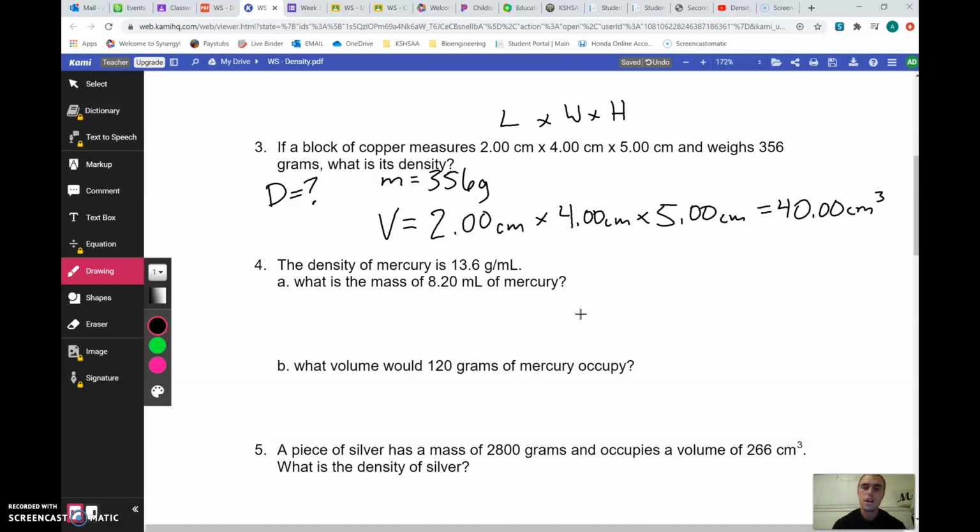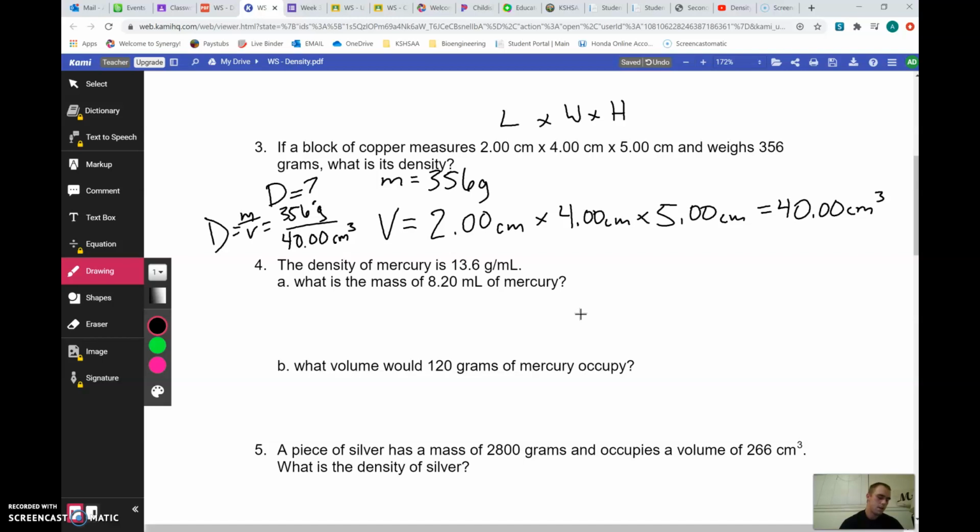Okay, so from there, I can use this D is equal to m over v equation, and I'm going to have 356 grams for my mass over 40.00 centimeters cubed. And I'm going to put that into my calculator.